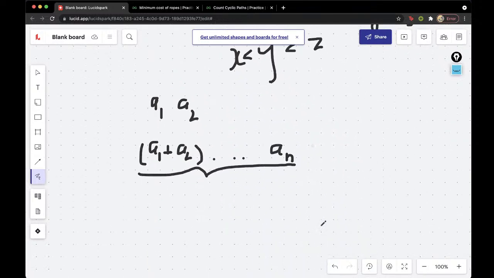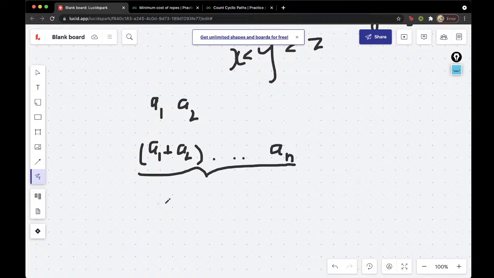More on why greedily picking will give the right answer: suppose you pick two elements and you are adding them to the answer. Once you pick these two elements, you will have to pick them again in a later step. Suppose you pick a1 and a2, you will have to pick them again in a later step to combine them with something else, so you will be adding these two to the answer again.